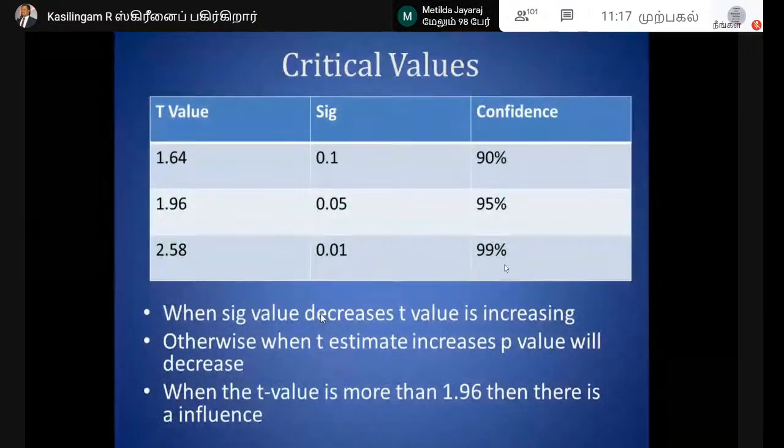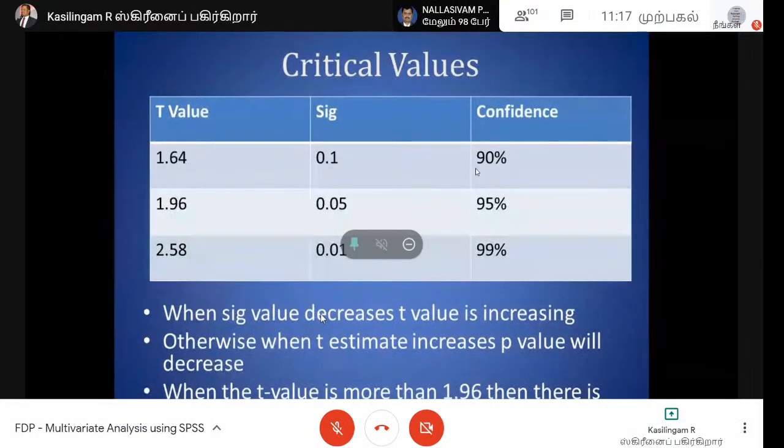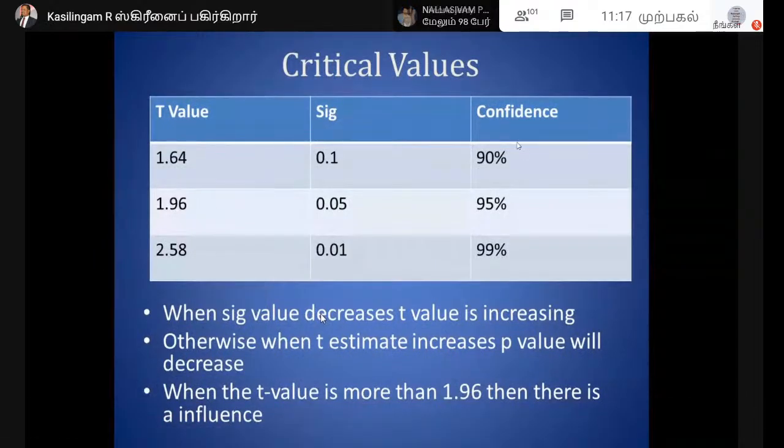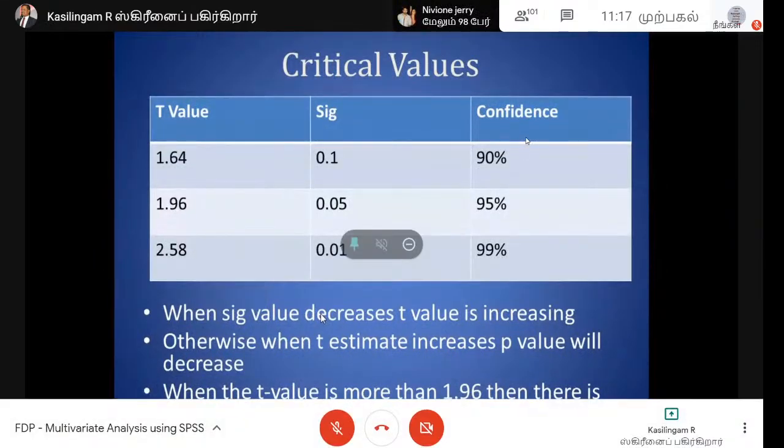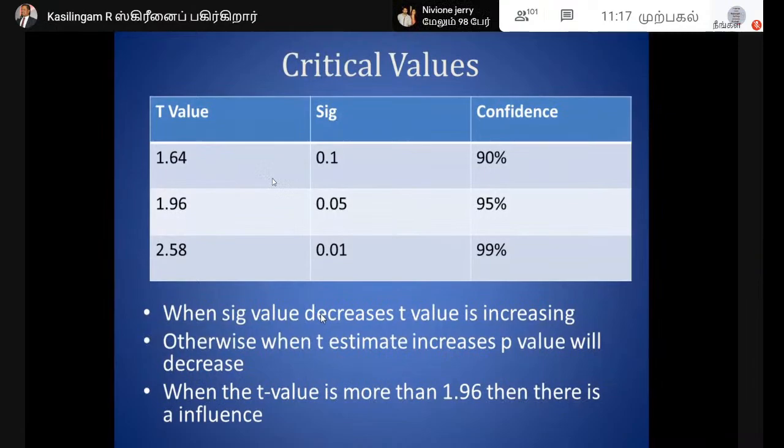Now let us look at the significant value and the t value. 10%, 5%, 1%: my significant value is reducing and my t value is increasing. So when the significant value decreases, the t value increases. Otherwise, when the t estimate increases, my p value will decrease.